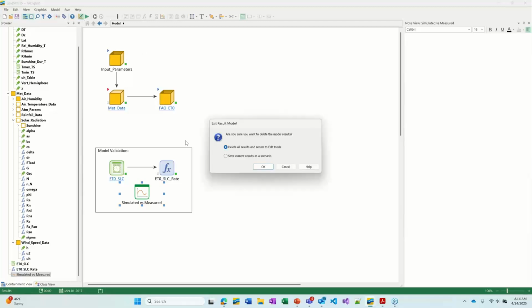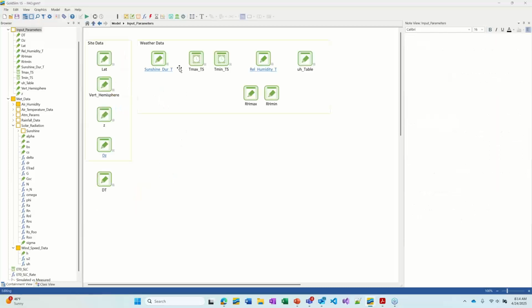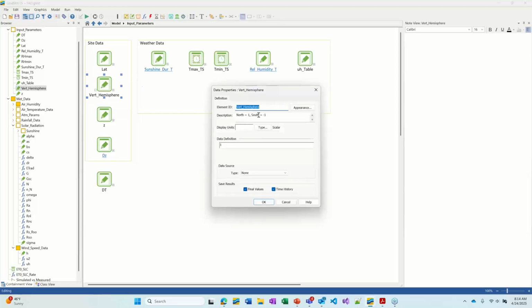But let me go through the model itself. On the input side, this is the important thing. We have site data and we have weather data. The site data makes up the latitude. That's what's important for calculating, for example, the radiation coming in from space. It's dependent on the location there. There's also an input here for whether you're in the north or the south hemisphere.